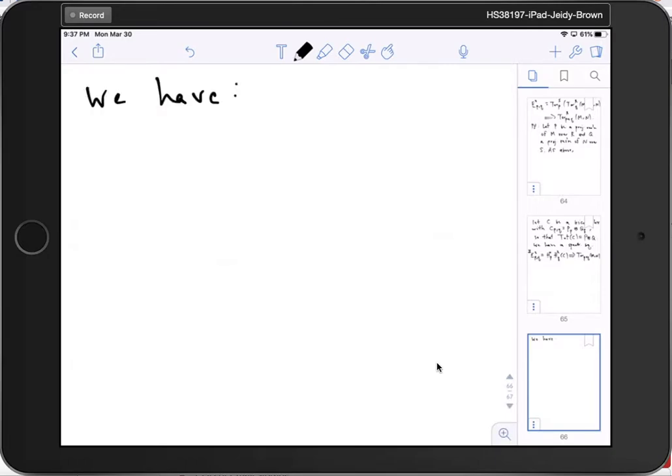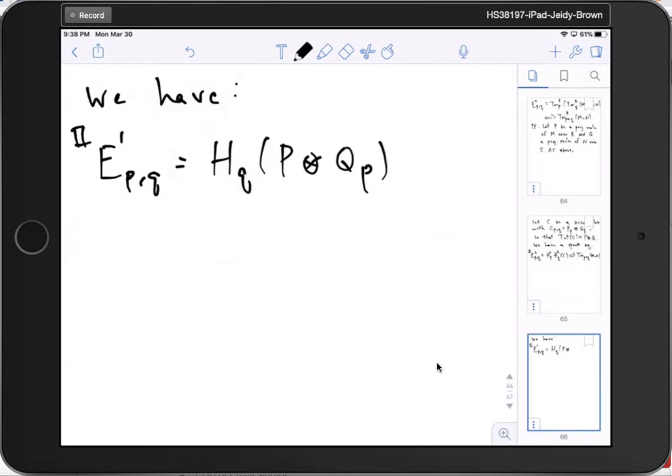Okay, so let's first think about what the E1 page is. E1 is just given by taking horizontal homology. So E1 is given by H_q of the complex P tensor Q_p.